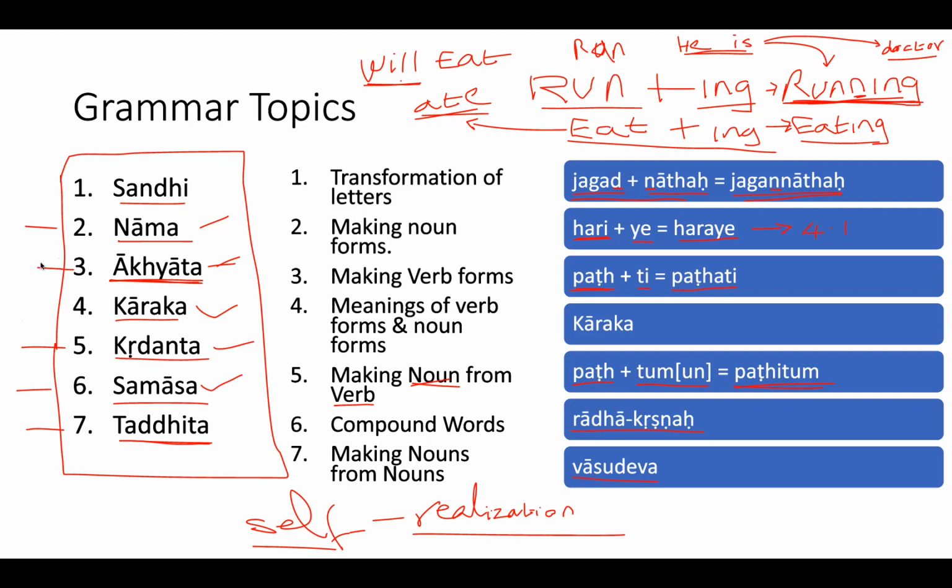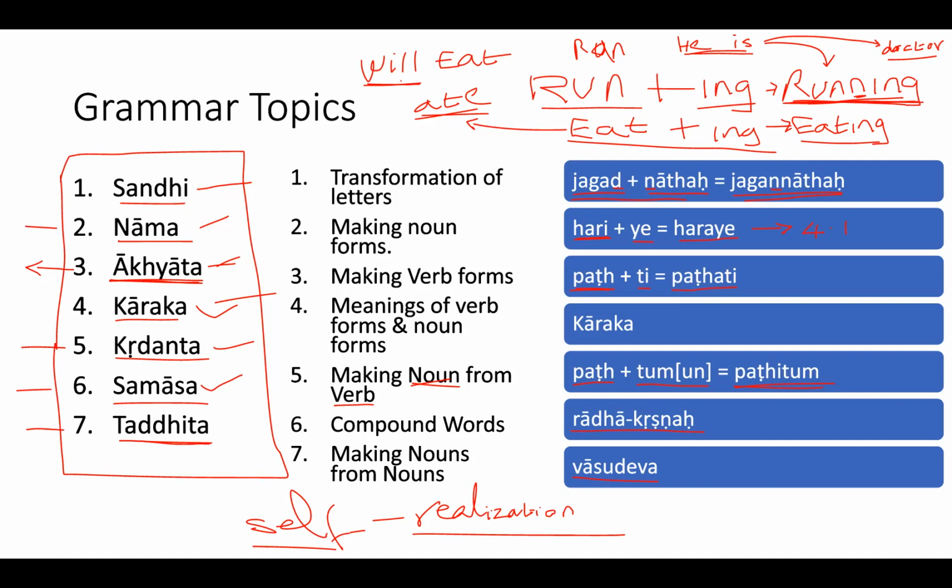Then this particular one does verbal forms, and this is just the meaning of different forms, and this is transformation of letters. So 4 topics on nouns, 1 topic on verbs, 1 topic on meanings, and 1 topic on transformation of letters. This is what we'll be describing in Harinamāmṛta Vyākaraṇam.